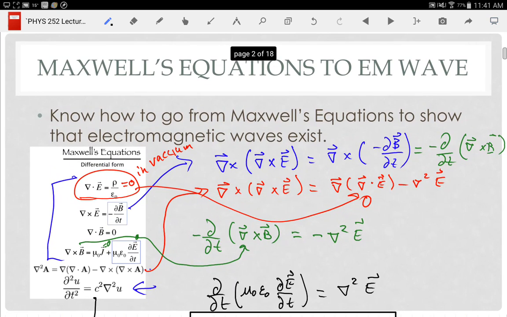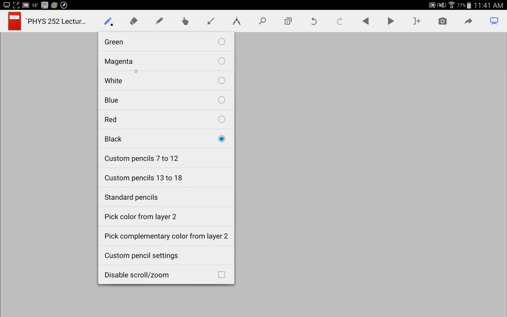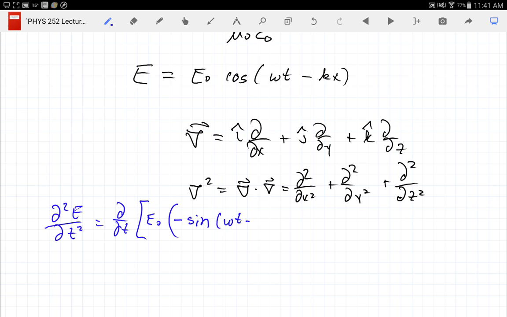Can you do that real quick? Yeah, absolutely. We just talked about that. It's a little confusing. So let me take the second derivative of E with respect to time. So it's the derivative of the first derivative. Derivative of cosine is going to be minus sine of omega t minus kx, and then times the derivative of the inside, which is going to be omega.